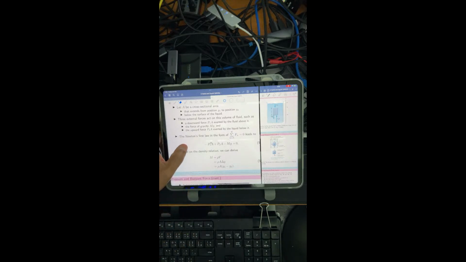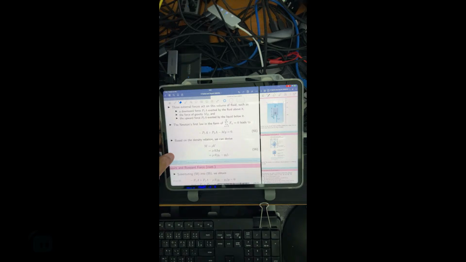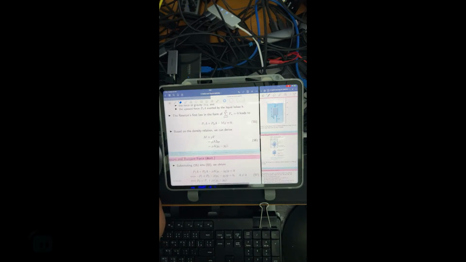We have minus P1A, right? P1A pointing down is negative. P2A pointing up is positive. Minus mg, which is the weight of this water pointing down, should also be negative. The mass of this piece of water is found by rho times V, and V is the cross-sectional area times the depth, delta y, where delta y is y1 minus y2.